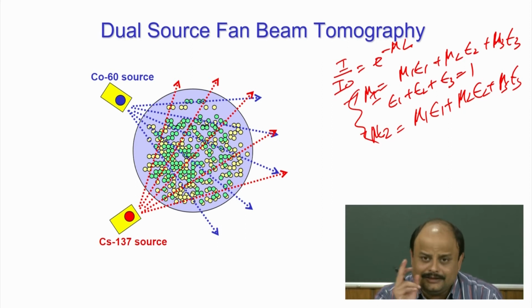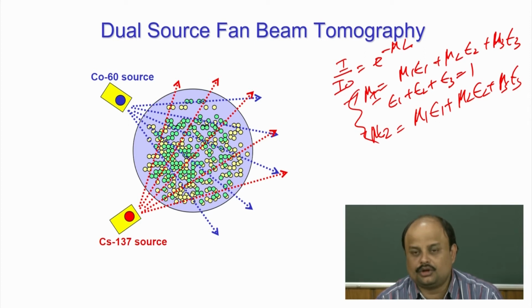So, that is another beauty of gamma ray tomography, that depending on the number of phases you can increase the number of sources. Okay. And because each source has a different energy, it will have a different attenuation coefficient in the same medium, and that fact can be utilized to calculate the volume fraction in three phase flow.